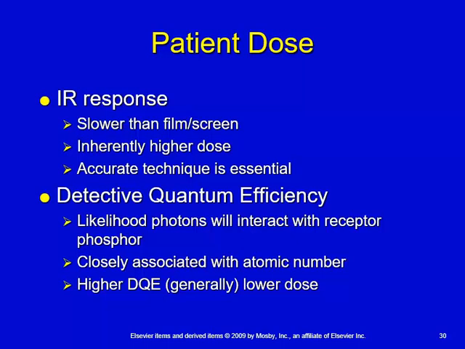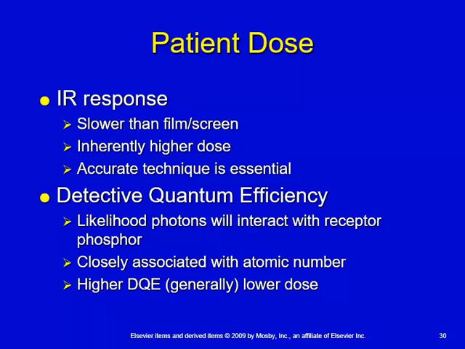Detective quantum efficiency is kind of a big term for the likelihood that the photons will interact with the image receptor. So going back to our phosphor types, what we want is a phosphor that has a lot of electrons. So a lot of electrons means a lot of ionization, regardless of what kind of technology we're using, be it CR or DR, the more signal we have.